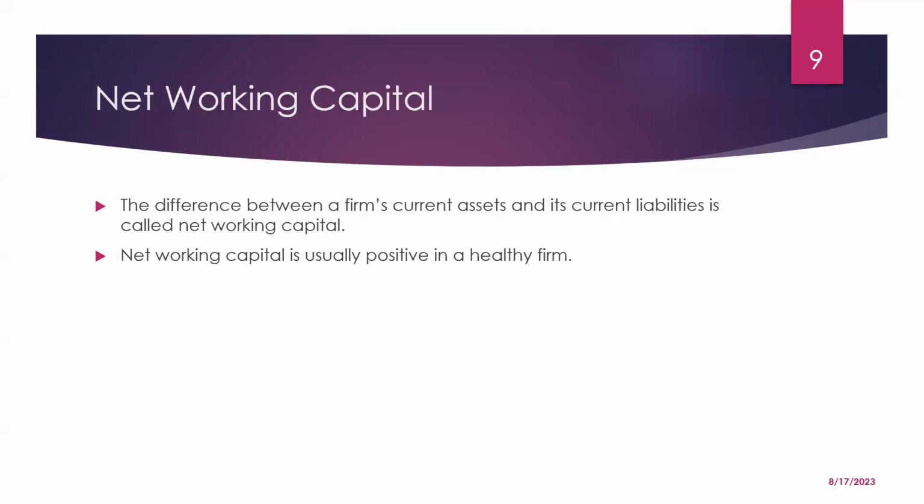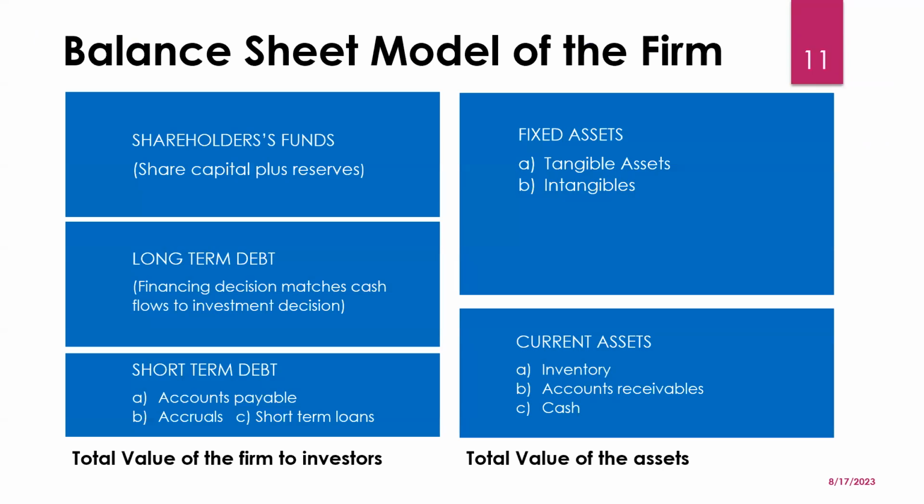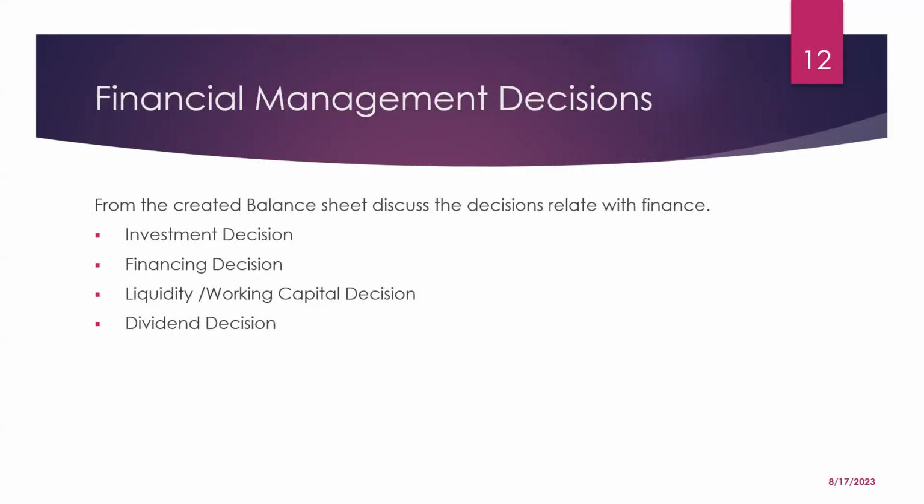And we have discussed the net working capital, that is the difference between the current assets and the current liabilities. It also shows the health of a firm, and it is always positive in a healthy firm. And I have discussed how this balance sheet is built, and how financial management decisions can be shown in a balance sheet.